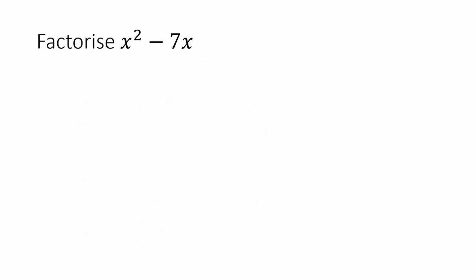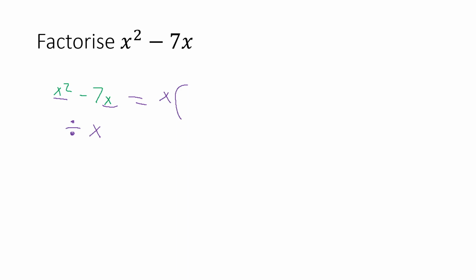So, what's the highest common factor of x squared minus 7x? Well, we can see that both of them are multiplied by x, and so therefore it's going to be equal to x, isn't it? So what we're going to do is divide both sides by x.